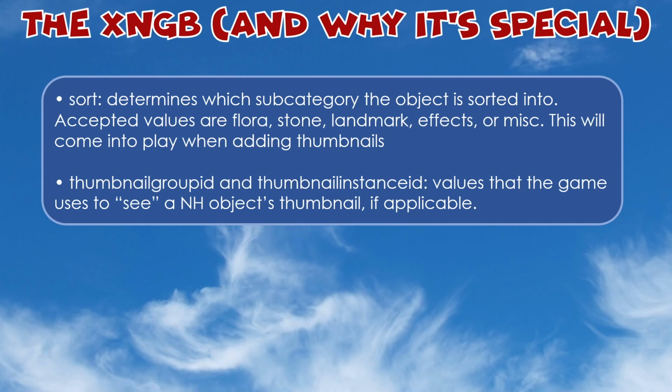The accepted values are flora, stone, landmark, effects, or miscellaneous. When you open the neighborhood objects bin, this is going to determine the sub bin that it's in. This is handy when we're adding thumbnails. We'll see that a little bit later. Thumbnail group ID and thumbnail instance ID. These are the values that the game uses to see a neighborhood object's thumbnail if that's applicable.